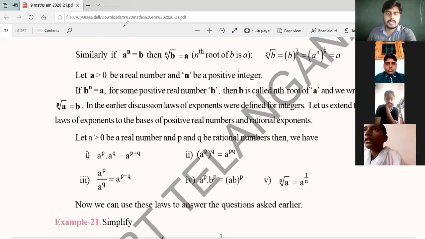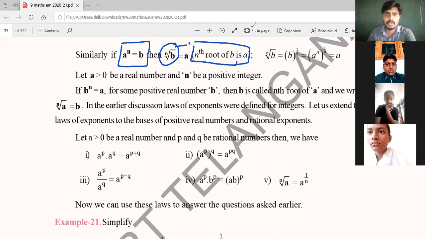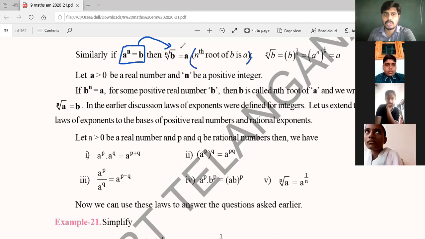See here. If a power n is equal to b, then the nth root of b is a. So a power n is equal to b, and we can convert this into nth root of b is equal to a.